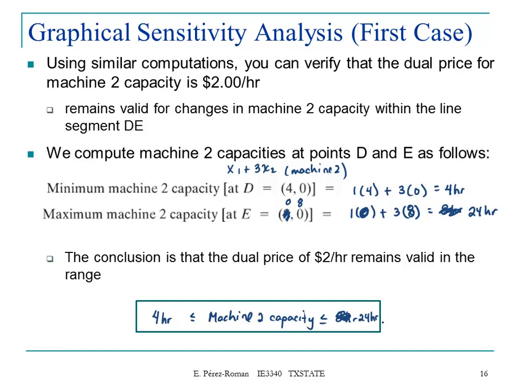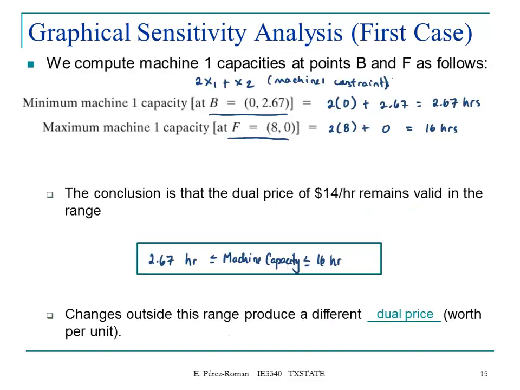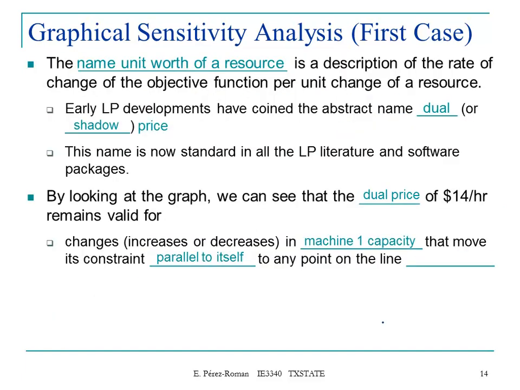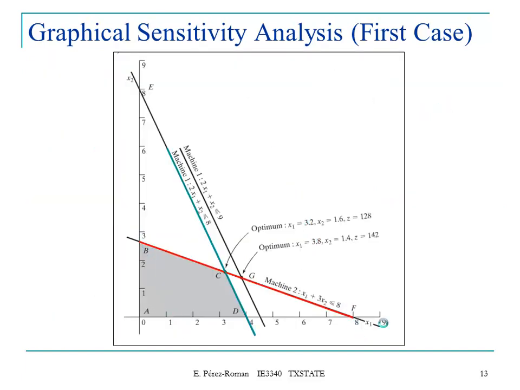Check the graph one more time. Yes, so this would be 0, 8, 0.